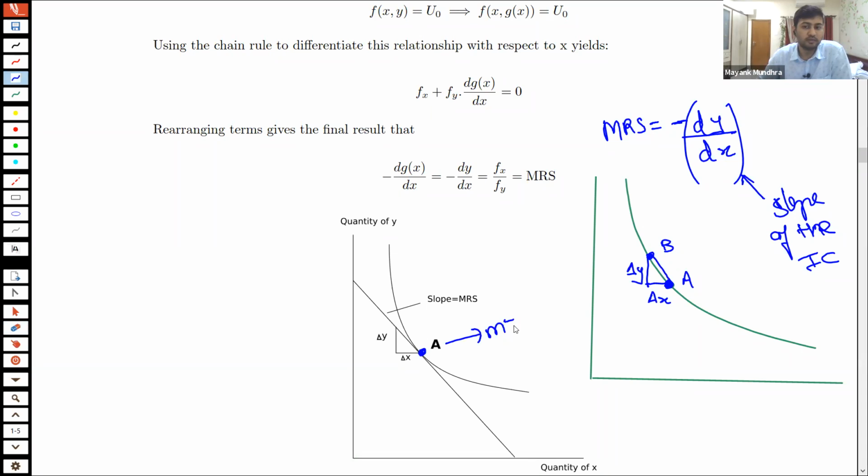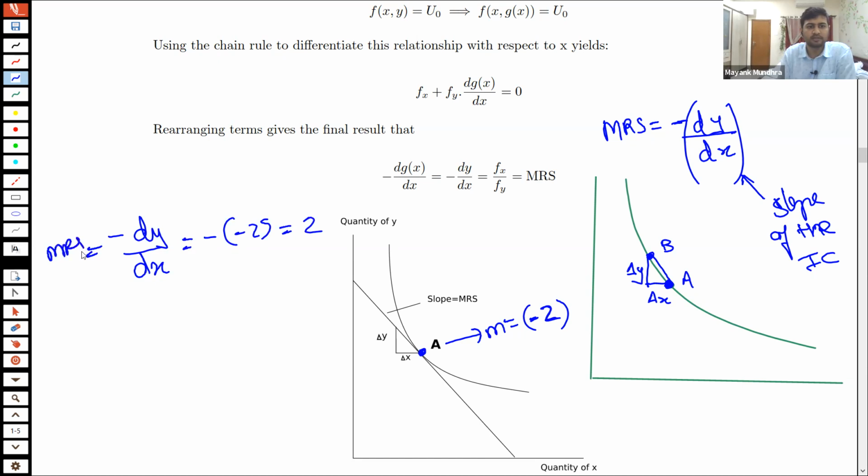I'm interested in the magnitude, so I might say 2, but the slope really is -2 because indifference curves are downward sloping. So minus dy by dx should be equal to minus of -2, which is 2, and this equals your MRS. So your MRS is equal to 2.